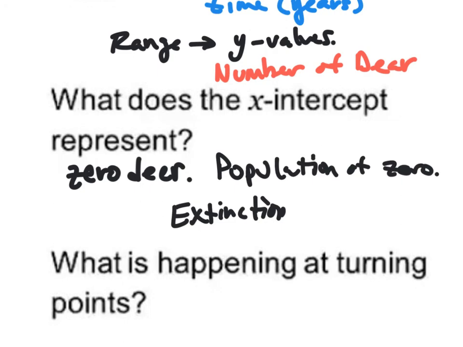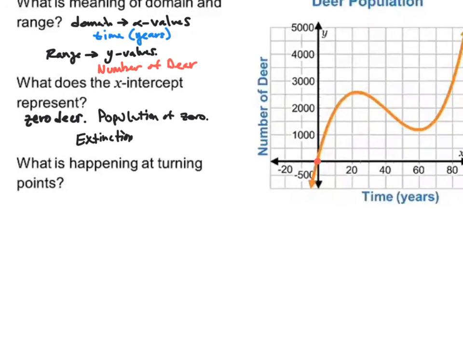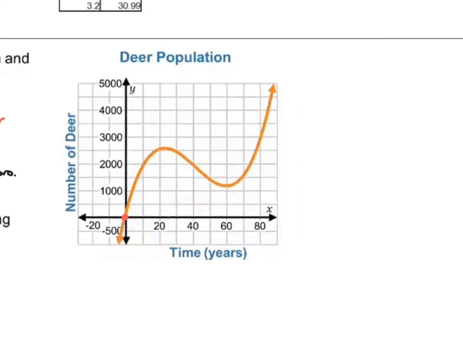Okay, so what's happening at the turning points? Let's take a look at this graph. You think about this and you go, as time increases, from here to here, the population of deer increases. It's going up. Here, something happens and the population goes down.